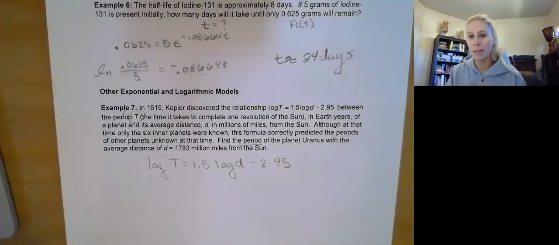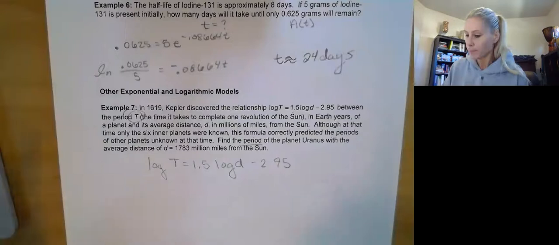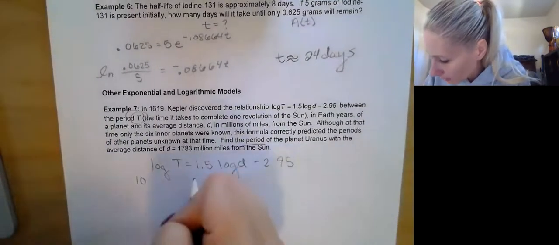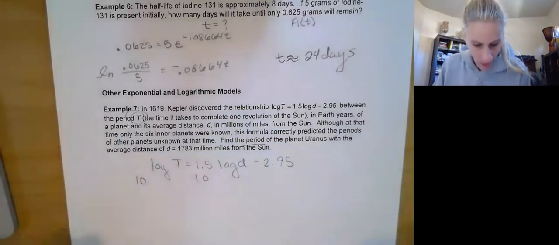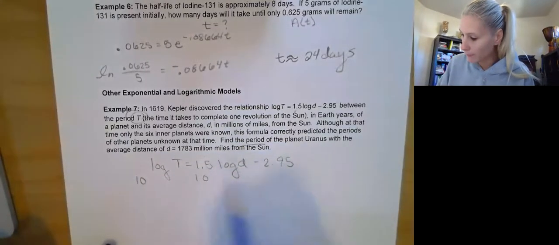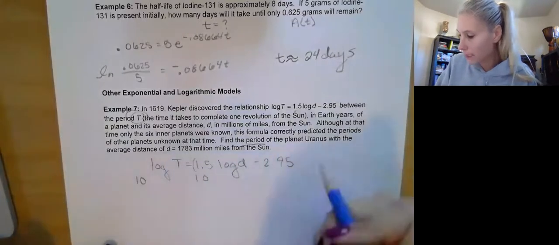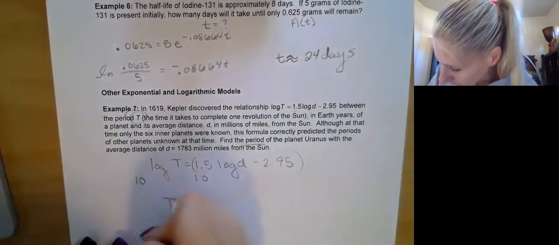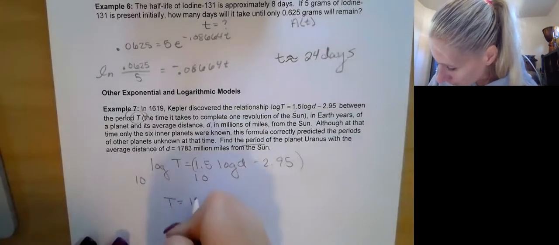So what I need to keep in mind is that when I get rid of this log and that base 10 here, this becomes the whole exponent. So right now I have t equals 10.